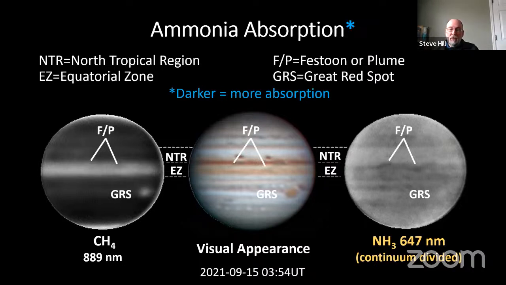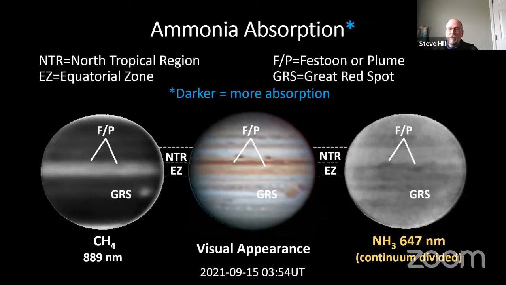If you see a negative or ambiguous correlation, say the ammonia image is bright in an area and the methane image is dark, then that means that there's something else at play, and you probably are seeing actual differences in ammonia abundance. So for example, if we look at the Great Red Spot, it's showing reduced absorption in both methane and ammonia. That supports the idea that the Great Red Spot has a high scattering layer.